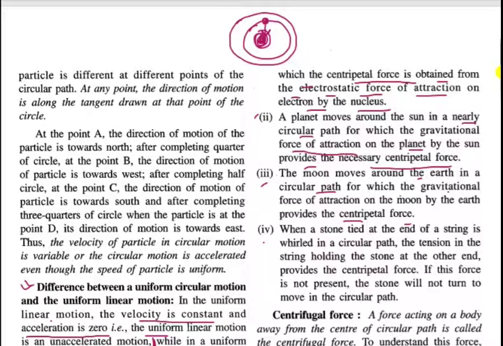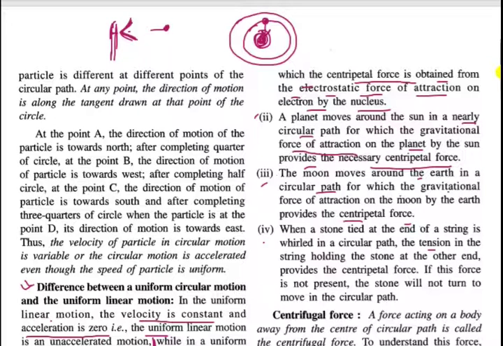And the fourth case is when a stone tied at the end of a string is held in a circular path. Suppose this is your finger and you are moving a stone with a string around your finger. Now the tensional force acts towards your finger.